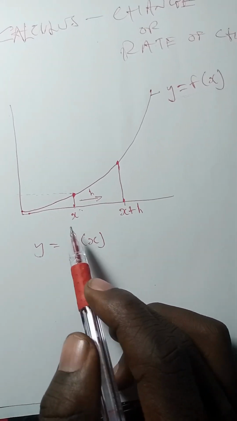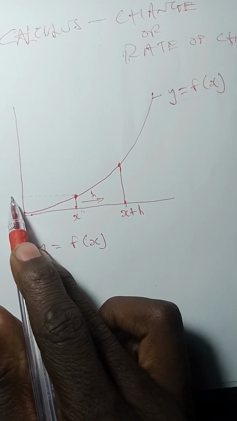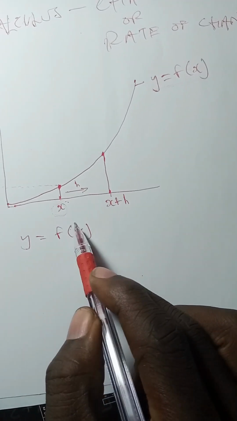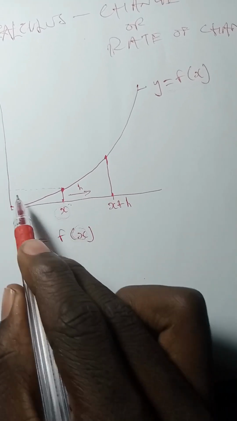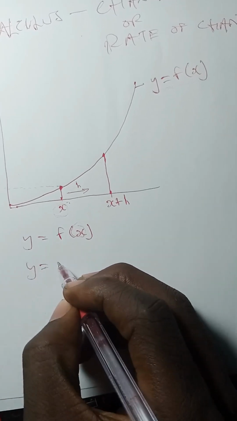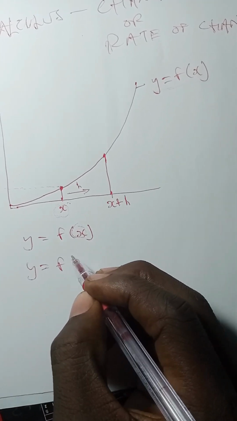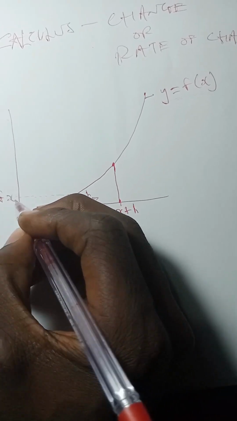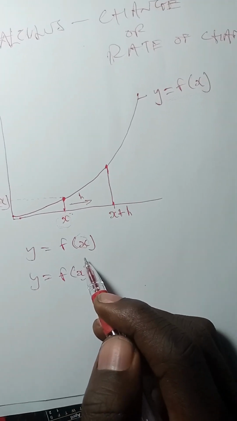For us to get the y value this side, we take this value as x and feed it in. Now that does not change, meaning the y value is simply going to be the same as f of x. So here the y value becomes f of x.